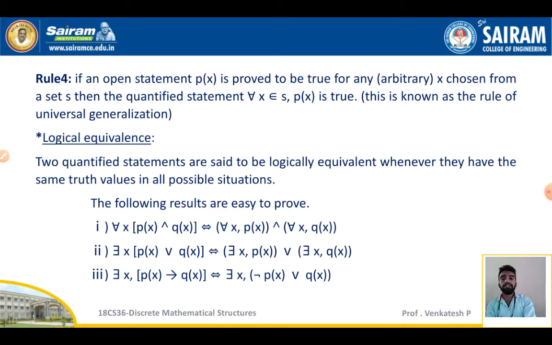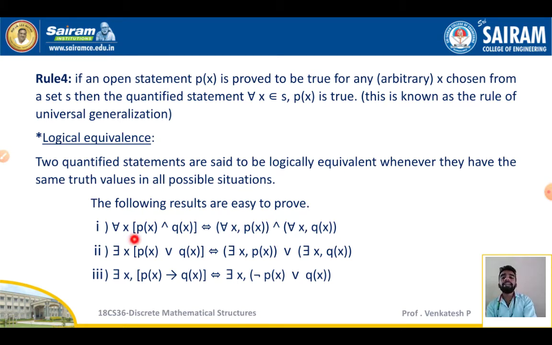Logical equivalence. Two quantified statements are said to be logically equivalent whenever they have the same truth values in all possible situations. The following results are easy to prove. The first one: for all x, p of x and q of x is equivalent to for all x p of x and for all x q of x.